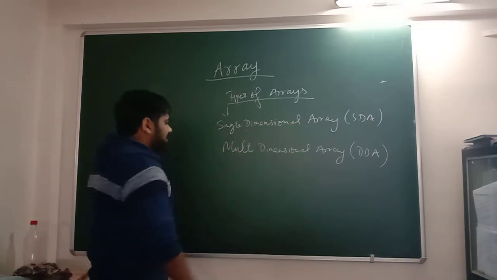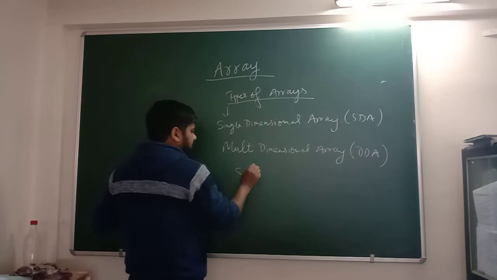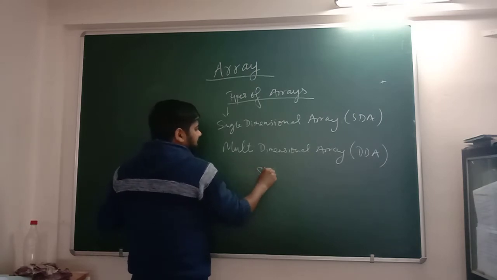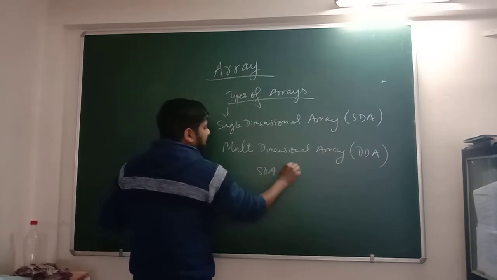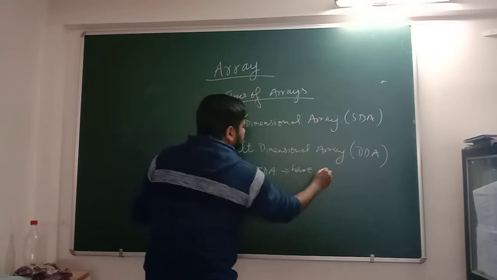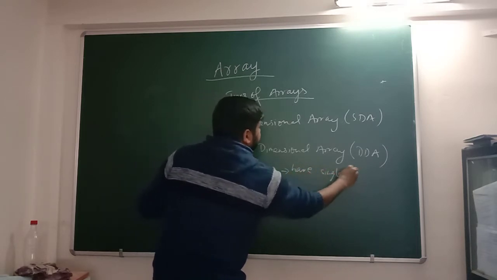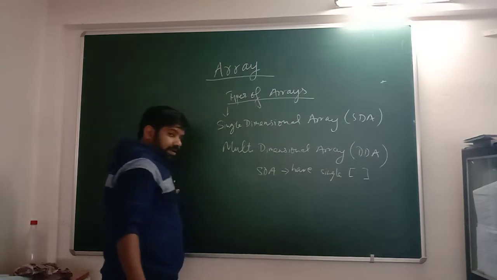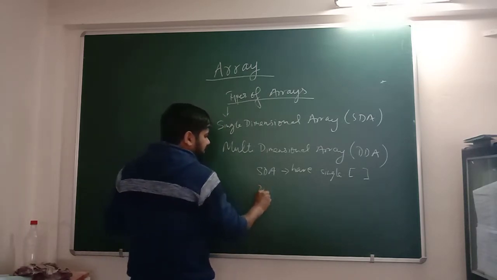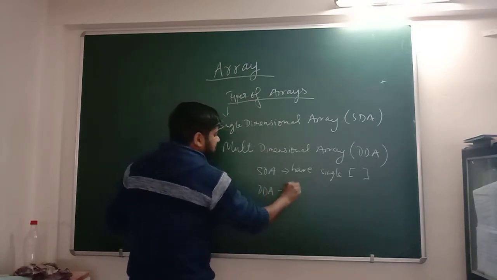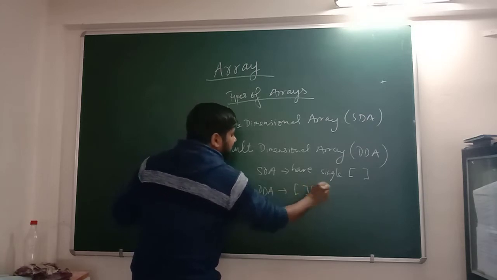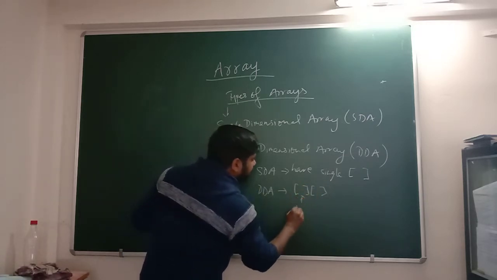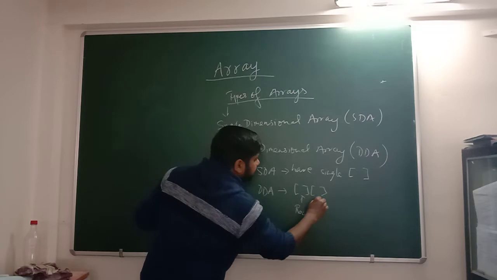A single dimensional array has only a single subscript, whereas a double dimensional array has a double subscript, one for the row and the other for the column.